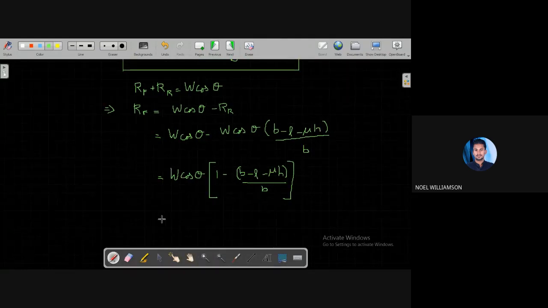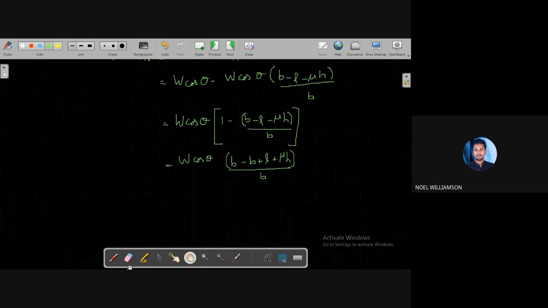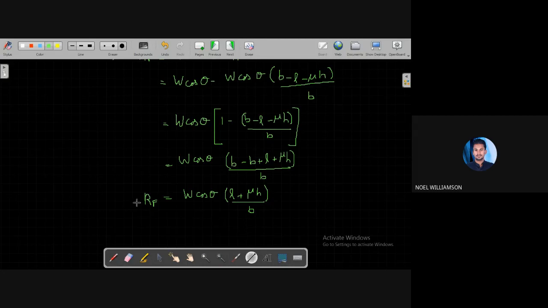On simplifying we will get W cos theta into b minus b plus l plus mu h divided by b, that is, cutting this, we will get W cos theta into l plus mu h by b. This is the relation for RF.